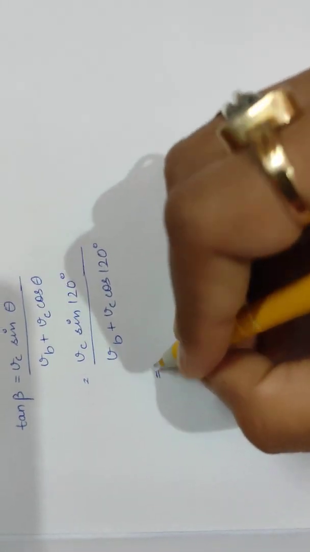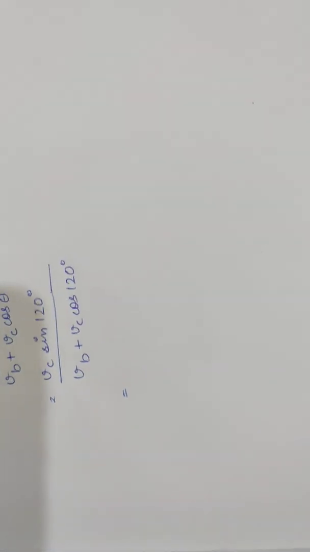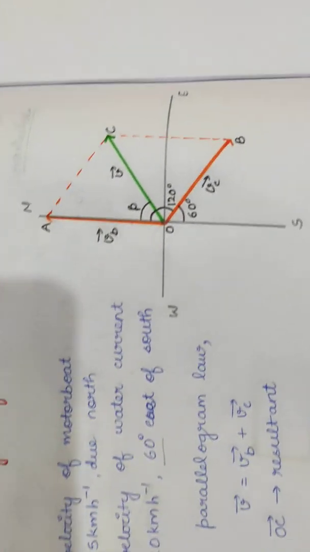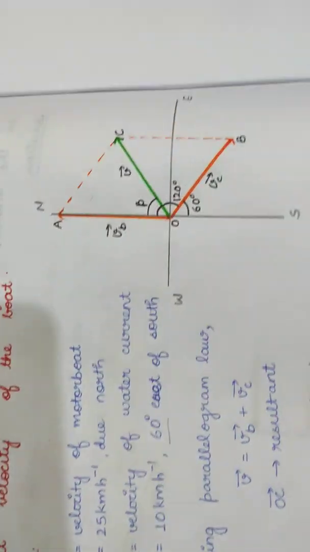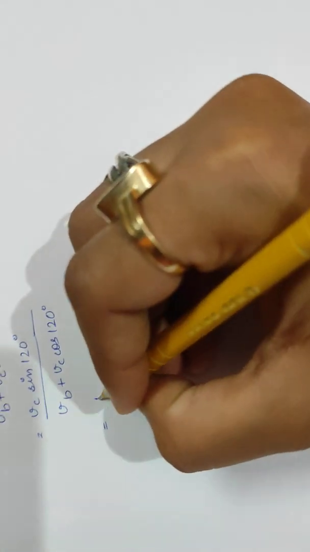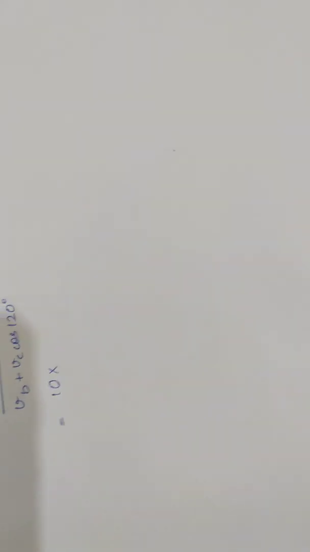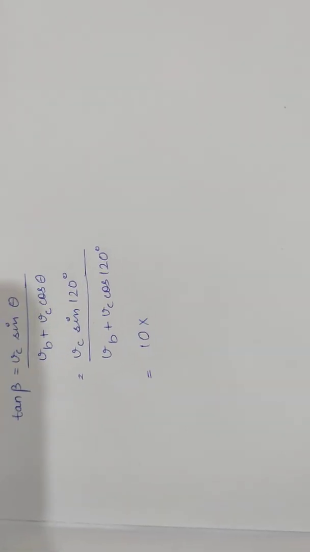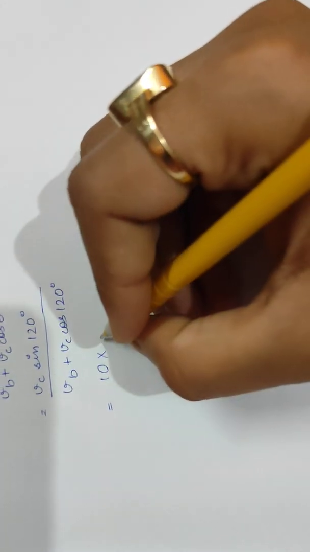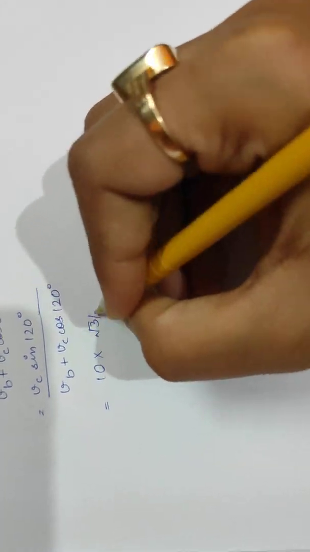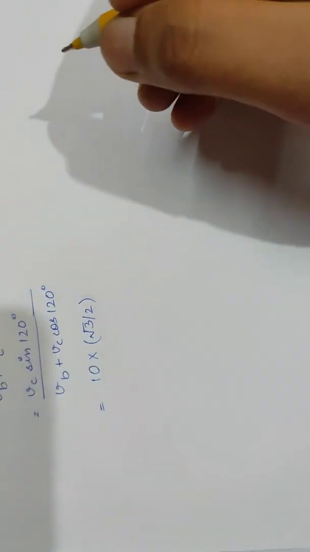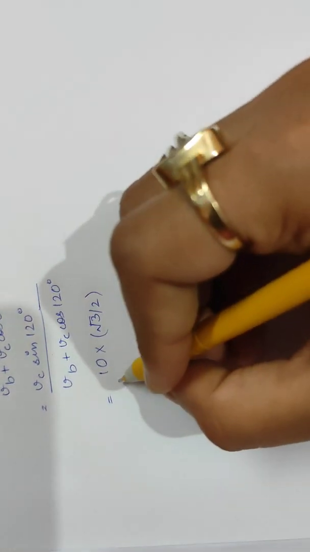Now again we'll put the values. VC is 10. Yes. So we will put the value here. 10 into sine 120 degree is equal to, what is the value of sine 120 degree? It is equal to under root 3 by 2, as sine of 180 degree minus theta is equal to sine theta.